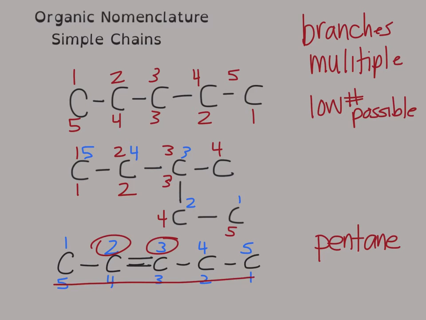So we would number in a way to get our double bond at the lowest spot. And so this example would become pent still because it's a 5 carbon, and we'd have our ENE ending to represent the double bond, and then we're going to tack on a 2 telling us where the double bond is connected. So this example is 2-pentene. Pent meaning 5 carbons, ENE meaning a double bond, and it is located on the second carbon.